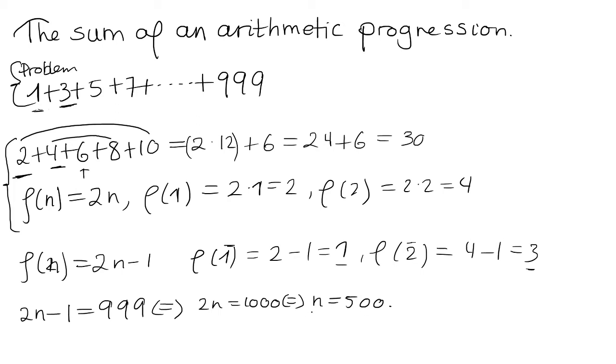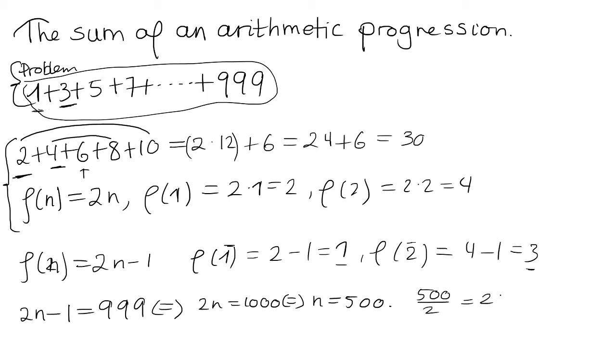So what do we do now? Well, one thing we can do is split up this entire arithmetic progression in pairs. If we want to split it up in pairs, we simply get 500 divided by 2, which is equal to 250 pairs.